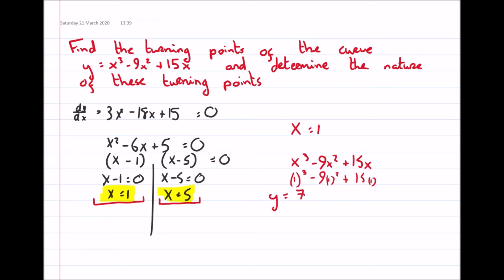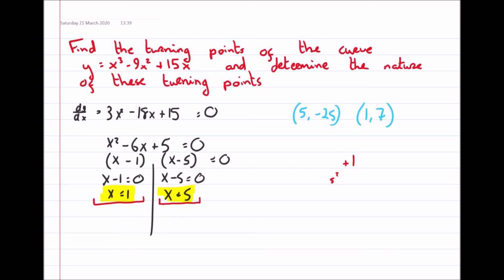So y equals 7. So one of the points, I'll write it up here, is 1, 7. I'll redo that, but this time I'll put in 5 for x. And that will spit me out minus 25. So my other point then is 5, minus 25.